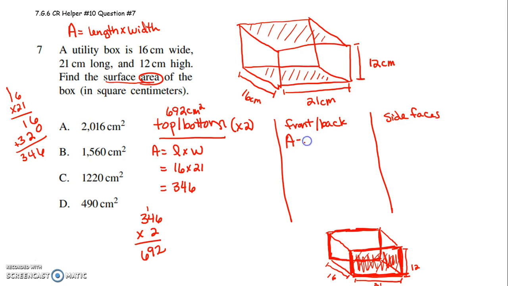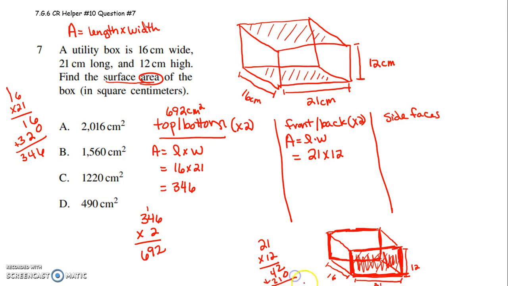So the area is length times width, and that's 21 times 12. Now, there's 2 of those, right? There's a front face and a back face that match. So now I have to do 21 times 12, and then I'll have to multiply that by 2. So let me just do my 21 times 12. 2, 4, put down a 0. 1 times 1 is 1. 1 times 2 is 2.